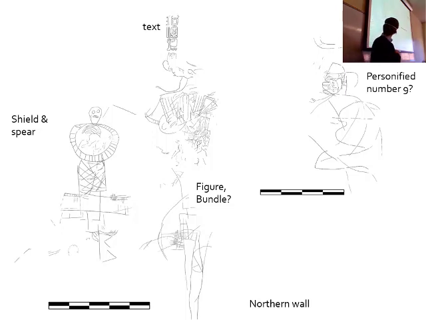Then there's this text, the 615 date. Unfortunately, part of it is gone. And this part is very unusual because it shows something with a humanoid face and feathers, but it's connected to what looks like a bundle of some sort, like a wrapped entity. And of course, we know that ancestors and gods primarily exist as bundles.